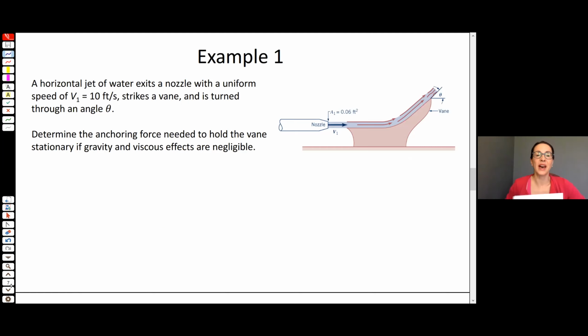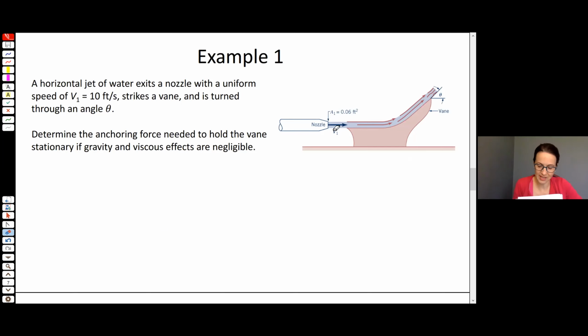All right, so here we have a horizontal jet of water coming in from the left from a nozzle and striking this water vane, right? And the water vane has some angle theta that it turns the jet through, right?